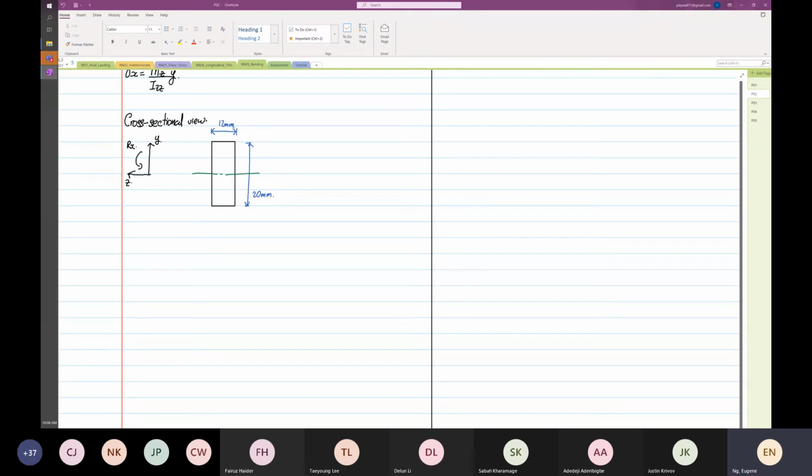So the cross-sectional view, right? We are doing the cross-sectional view now. What we are trying to do is identify how to find Izz. This is our zz axis.